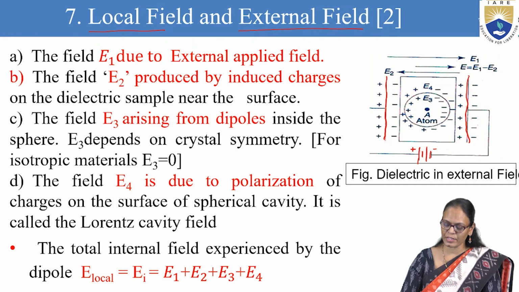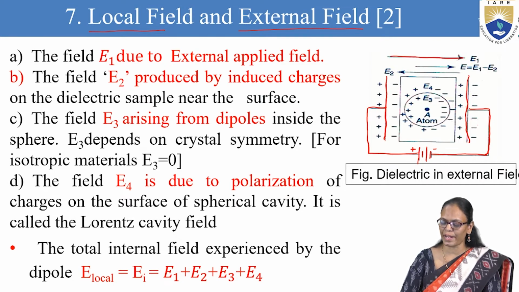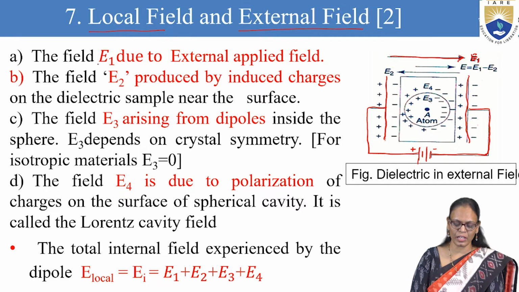We have connected the positive terminal to this plate, so this will be positive, and the negative terminal to this plate, so this is negative. This gives rise to the applied field E1. E1 is due to the external applied field.